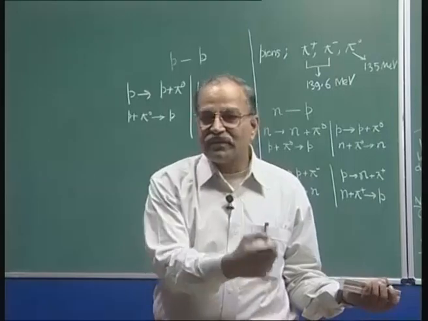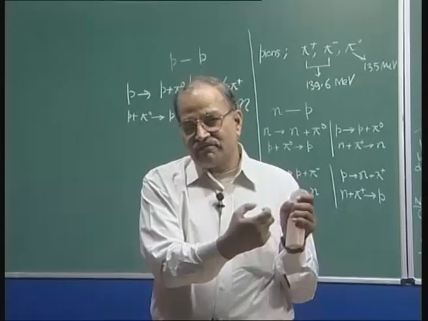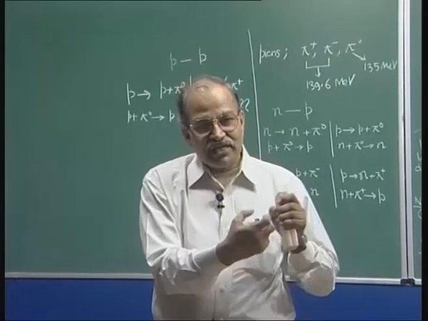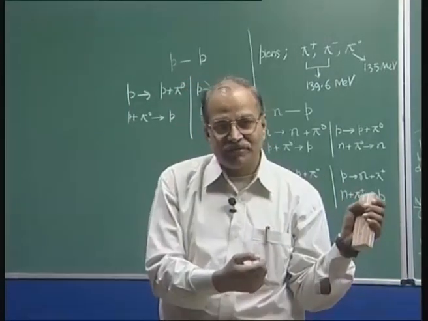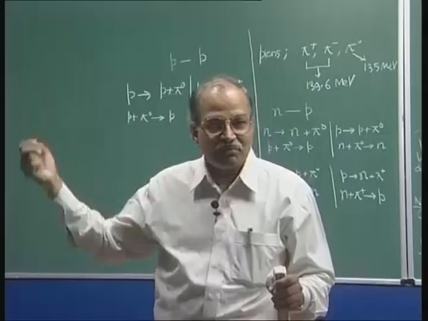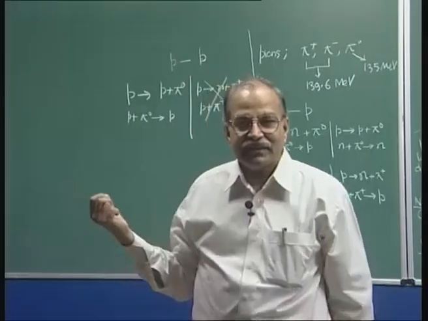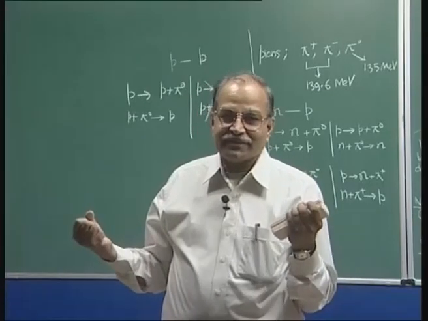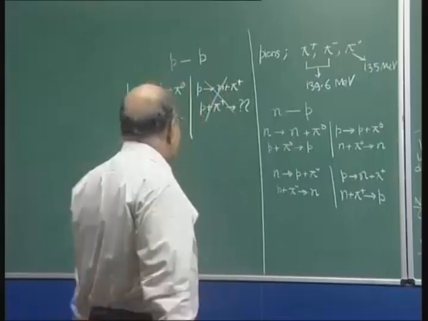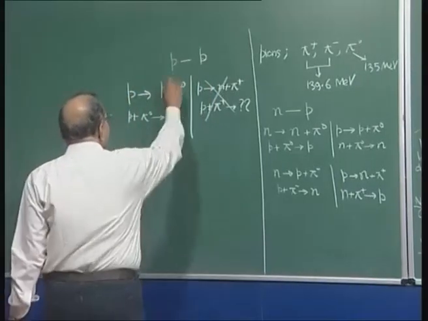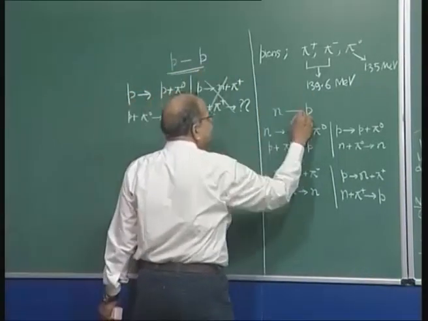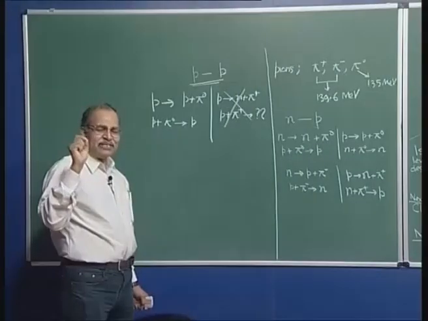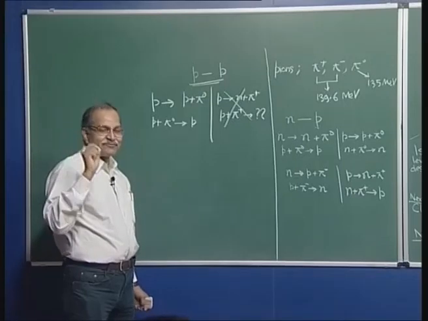If you compare the strength of interaction, scattering length and other parameters, you find that between this PP and this NP, there is a slight difference, very close to each other, but there is slight difference.